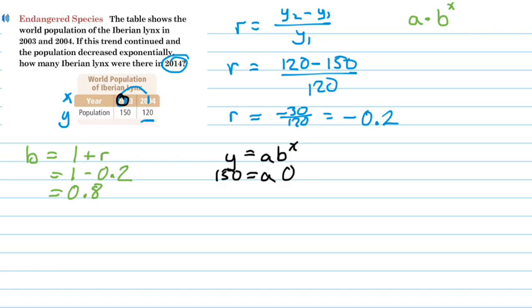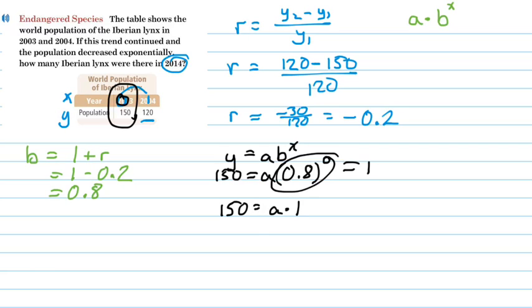We know b is 8/10. And we know for that year, our x is 0, because we're counting how many years since 2003. And so in 2003, there hasn't been any years since. Anything to the 0 power is automatically equal to 1. So that's saying 150 equals a times 1. Well, that means that a is 150.